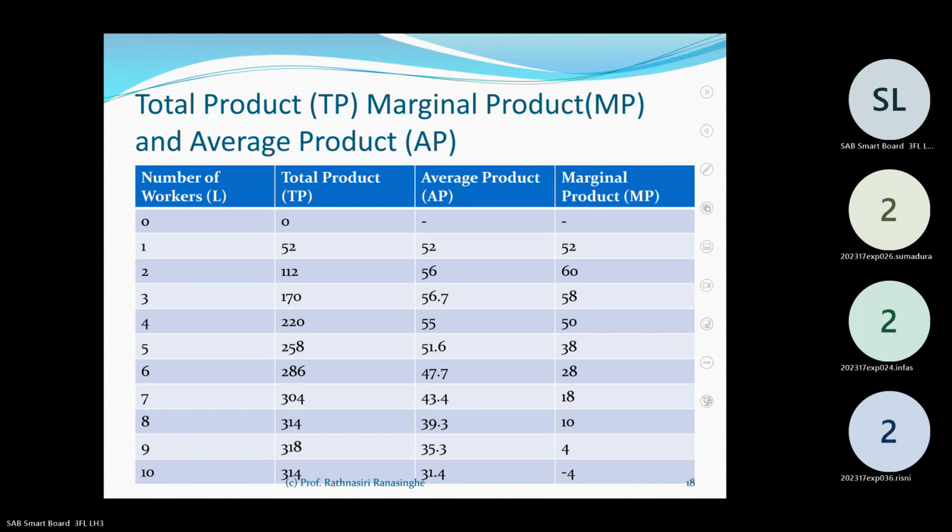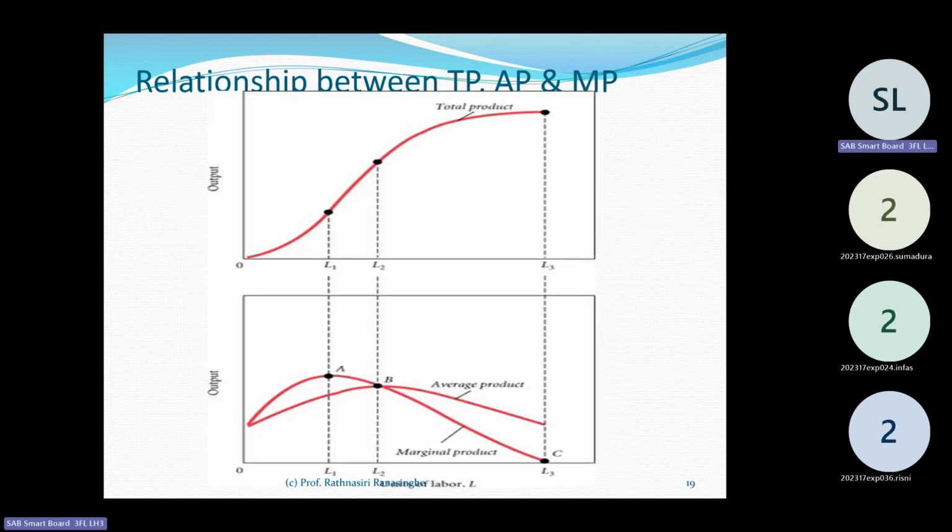Finally, if there is a decline in total production, marginal productivity becomes negative. We can see this behavior in this numerical table, once you calculate the total product, marginal product, and average product.